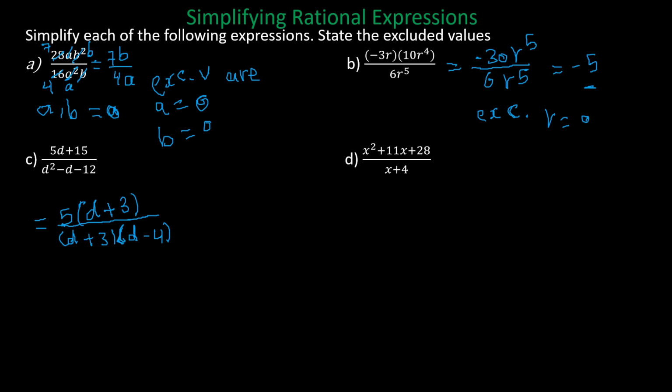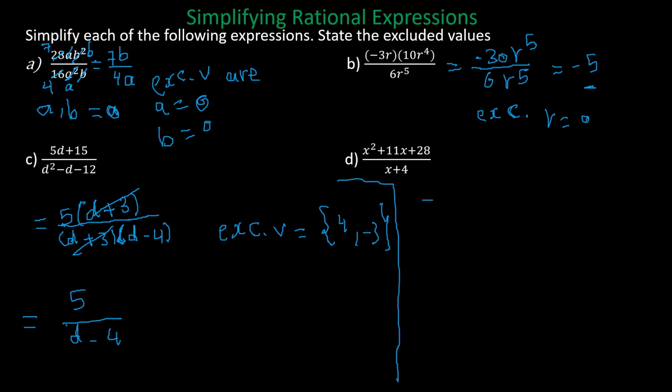So we can find the excluded values before we simplify. d minus 4 equals 0, so d equals 4, and the other one is negative 3, because d plus 3 equals 0. Now we can cancel d plus 3 with d plus 3, so it's going to be 5 over d minus 4. Let's solve example D.